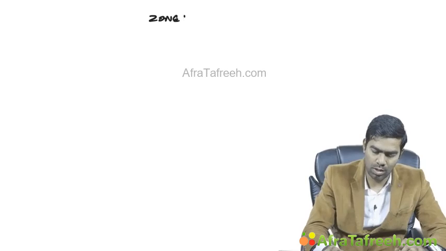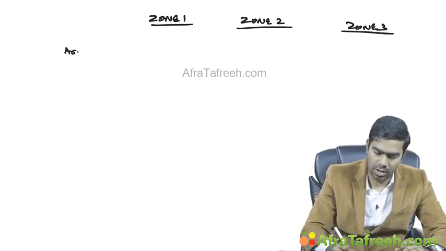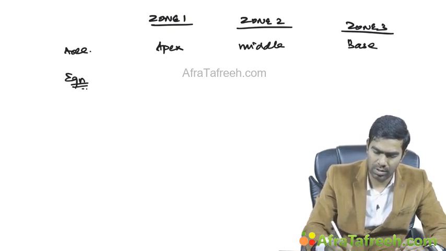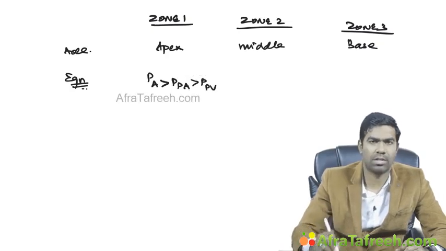You have this zone 1, you have this zone 2, and you have this zone 3. So which area of the lung do they belong to? This belongs to the apex, middle zone, and the base of the lung. Equation wise, here the pulmonary alveolar pressure is more than the pulmonary artery pressure, which is more than the pulmonary venous pressure.